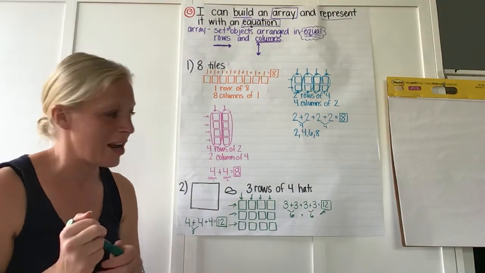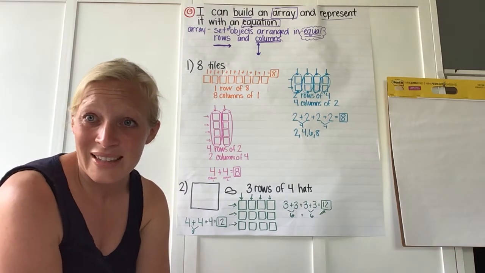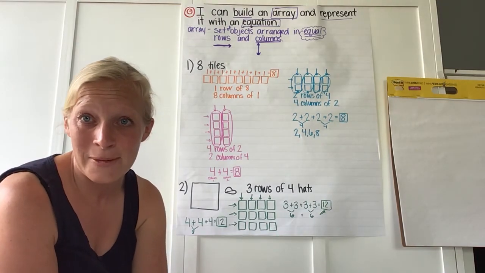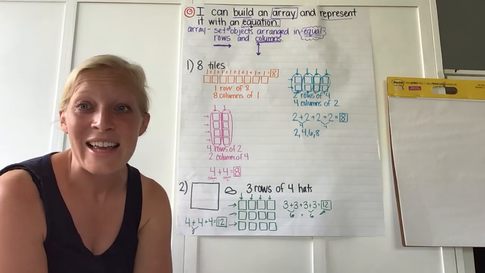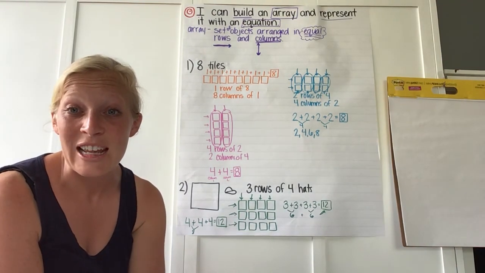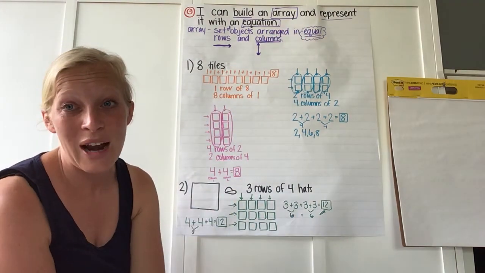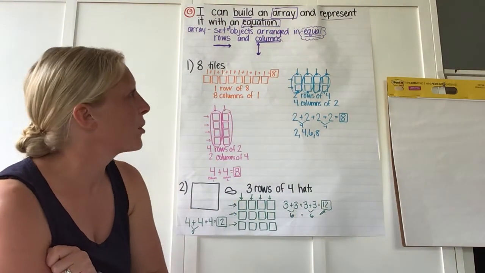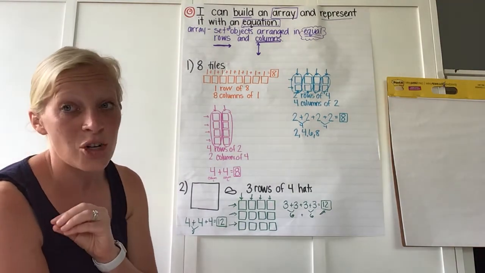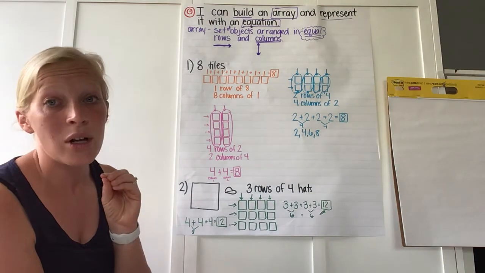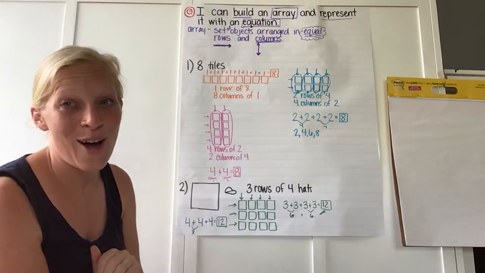Friends, kiss your brains. Is there just one way to write these equations to match our arrays? No. In fact, in your work today, you're going to be writing different combinations or different equations or number sentences to represent your arrays. And remember, your array is a set of objects that are arranged or organized in equal rows and columns.